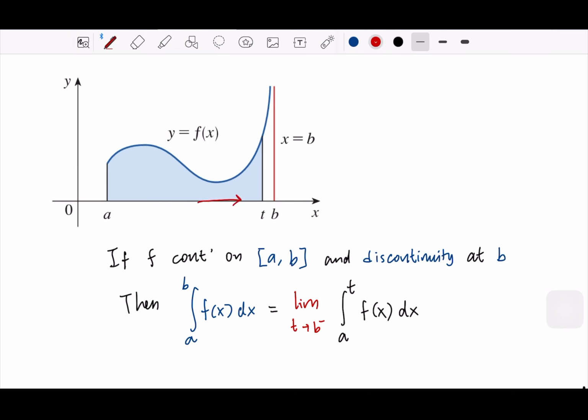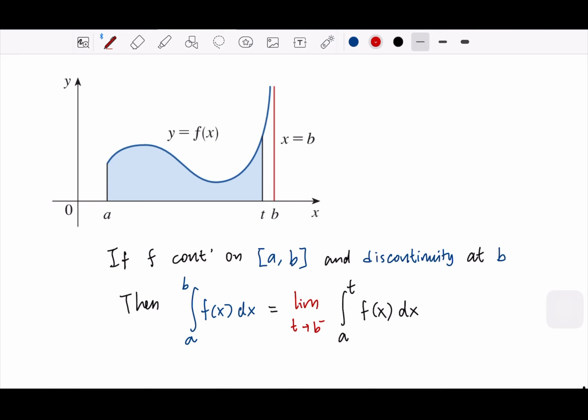So this is what will happen when we have this discontinuous point. In the previous type, t was going to infinity.